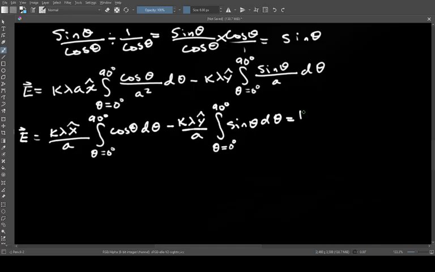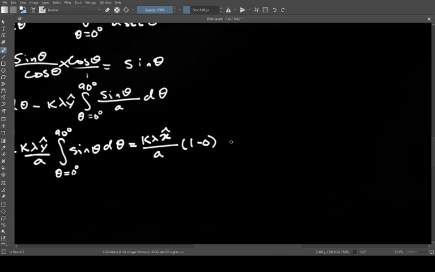That's going to be K lambda x hat over A times 1 minus 0, minus K lambda y hat over A times negative 0 plus 1.